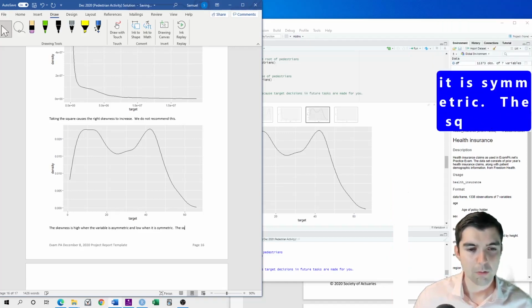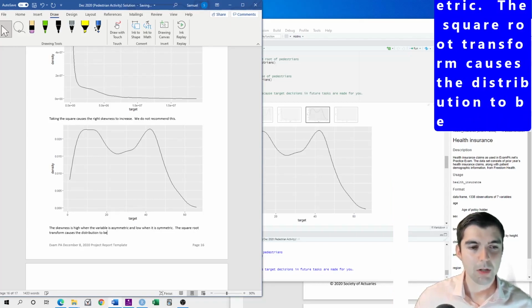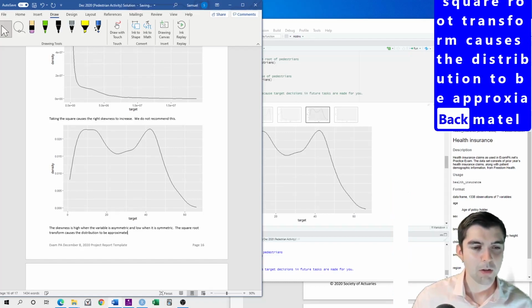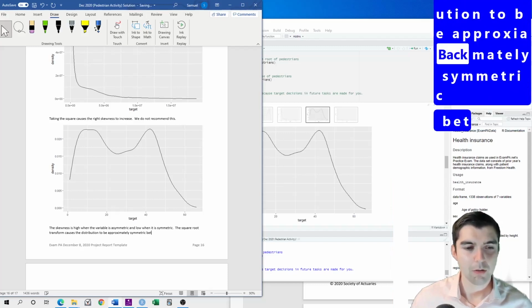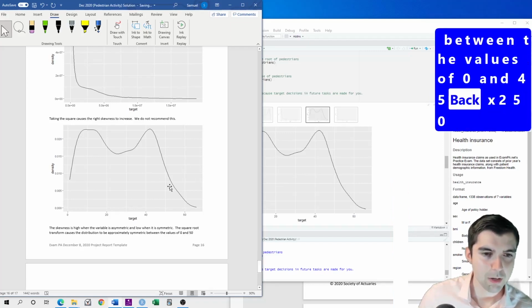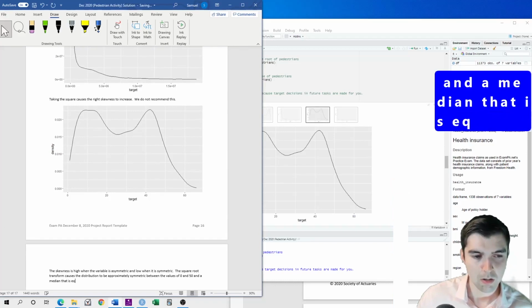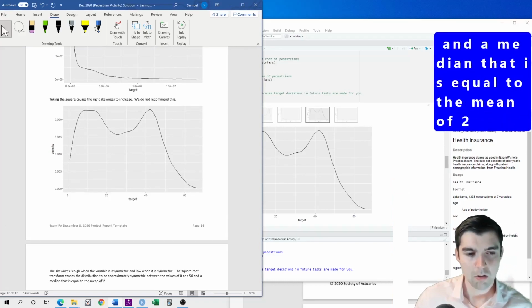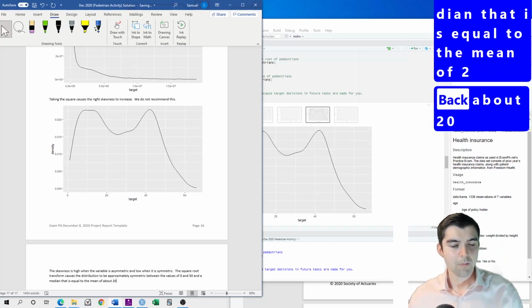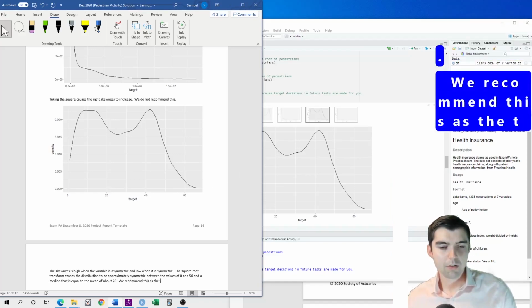The square root causes the distribution to be approximately symmetric between the values of 0 and 50, with a median and a mean equal to about 20. So we recommend this as the transformation.